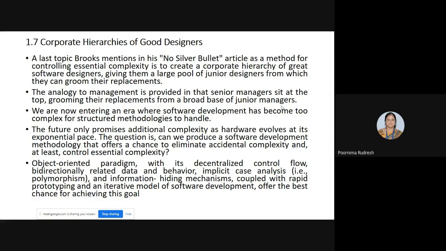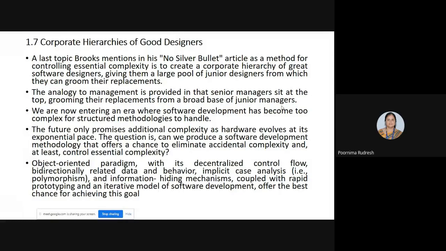If we make use of the object-oriented approach or object-oriented paradigm, that too in its decentralized method, then we can eliminate the accidental complexity and we can control the essential complexity to some extent. So that promise can be given, right? Or the software development team tries to achieve that by using the object-oriented paradigm, right? Clear? Understood?